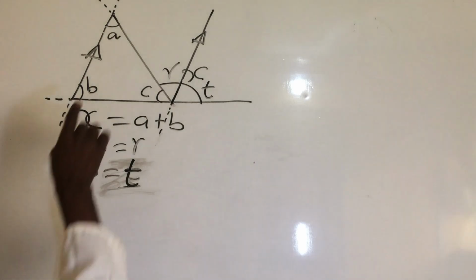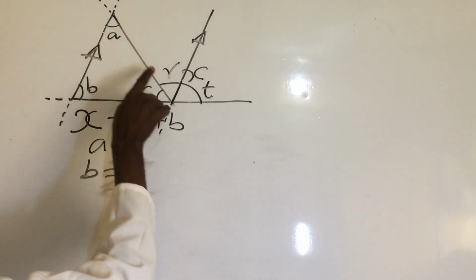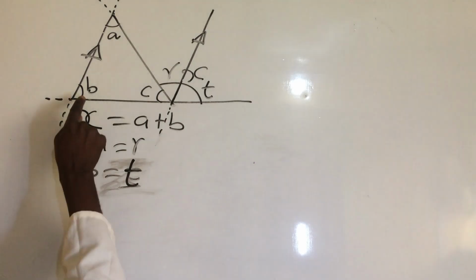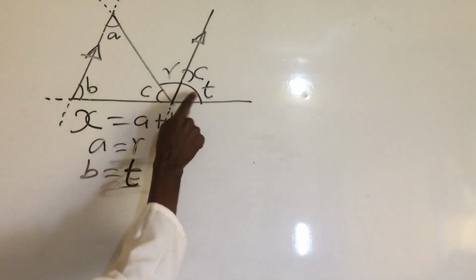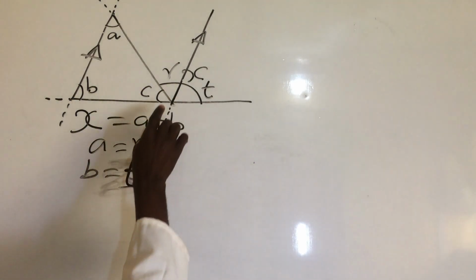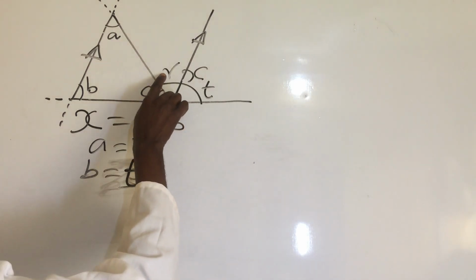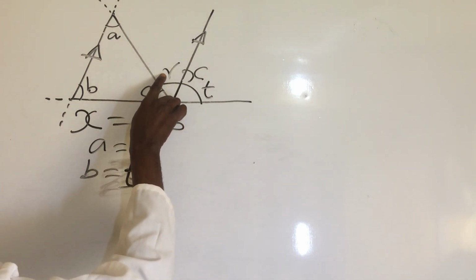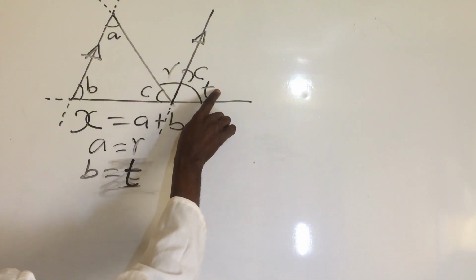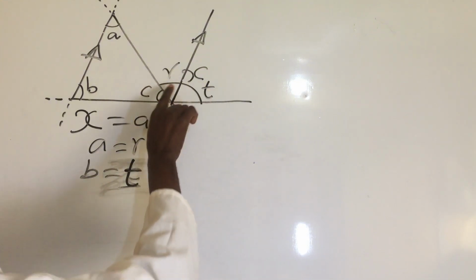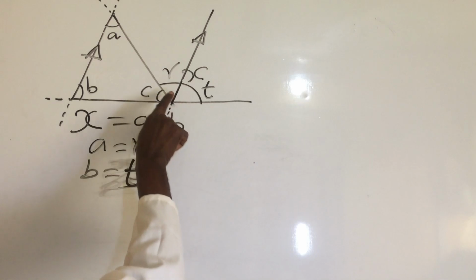Therefore, since A equals R and B equals T, and R and T have made up the whole angle now.